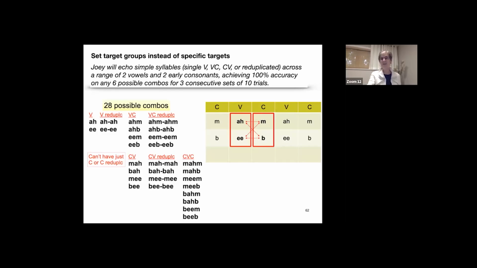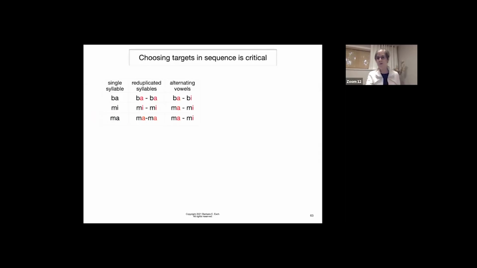It might not even look like something that you think you want to teach the child, but just bear with me here because we'll see how this might all actually be useful and come together. So this is a sequence of complexity or difficulty. We have a single syllable: ba, mi, and ma.